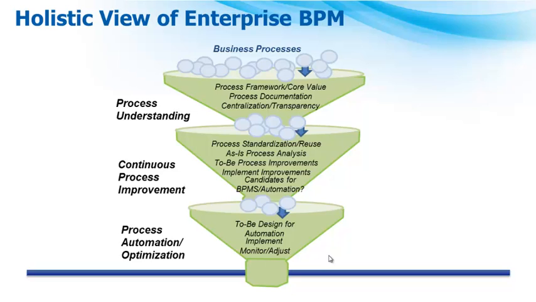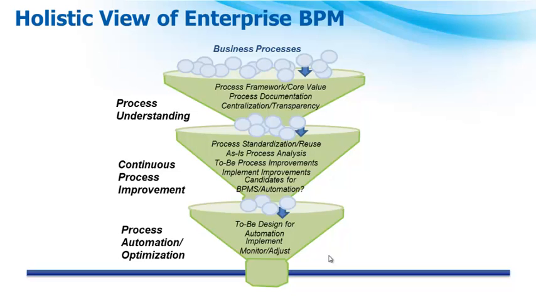And then the second layer down in the funnel would be to look at ways to continuously improve processes. And here's where we see the introduction of things like business process improvement methods and methodologies, where we define processes as they exist today. We analyze those processes.